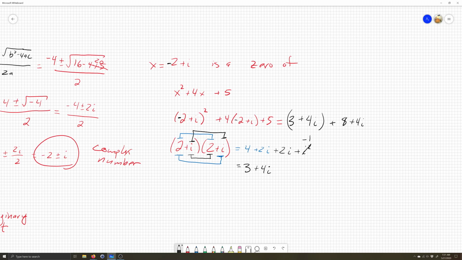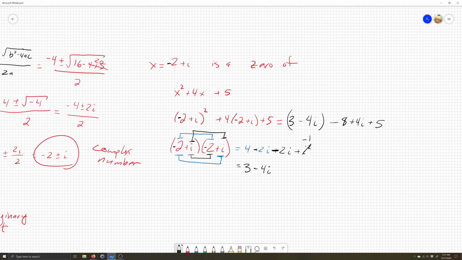So this is embarrassing, but that changes these to minus, and this should be 3 minus 4i, and then this is minus 8 plus 4i plus 5. I apologize for making that mistake. So you end up with 3 minus 4i minus 8 plus 4i plus 5.